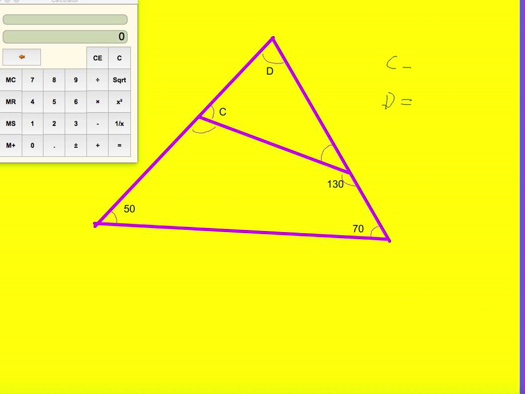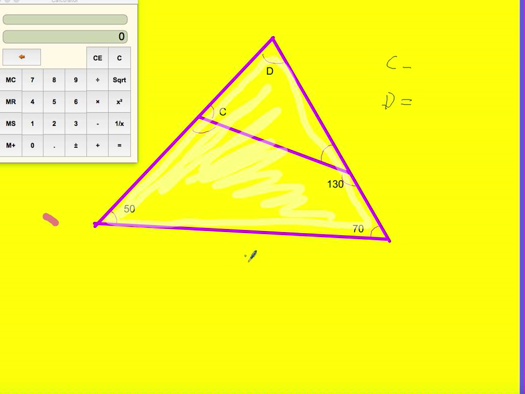Okay, so let's have a look at this shape here. We have to find C and D. There are different ways of going about this, but one thing we can look at is that this entire shape is a triangle. And we know the angles inside a triangle equal 180 degrees.